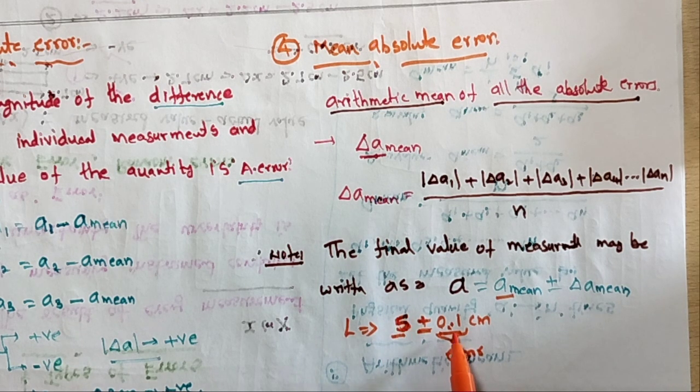So what is the total value, the final value after measuring? After measuring, with the error, what is the total value? 5 plus or minus 0.1 centimeter, maybe a positive value, maybe a negative value.